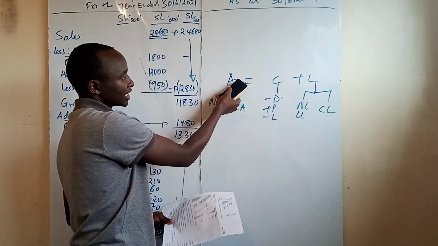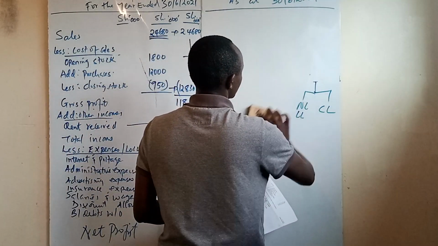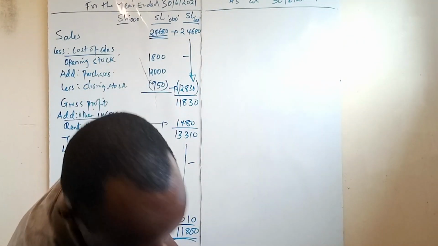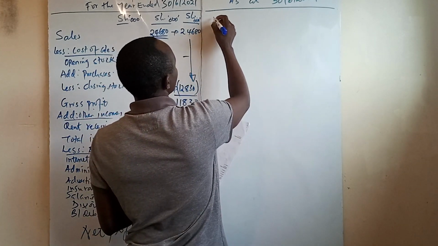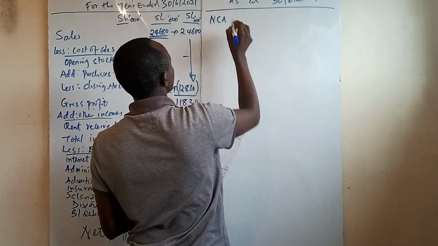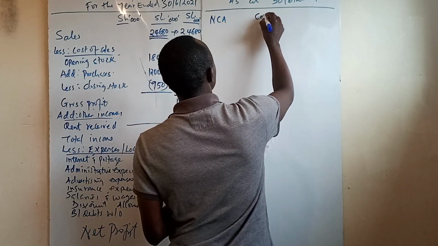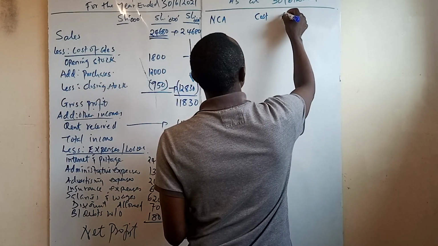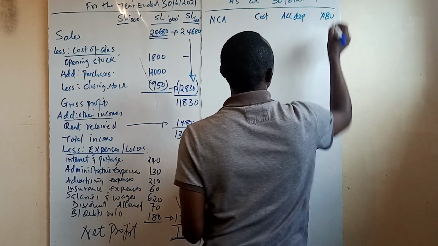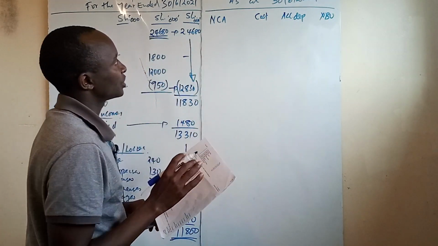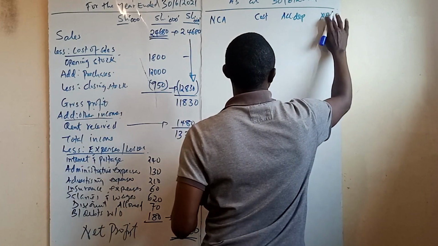So you're going to start with the assets, the non-current assets, then the current assets as you go by. For the non-current assets, you have its cost, accumulated depreciation, and you get the net book value, because what you're going to recognize in the statement of financial position are the net book values.